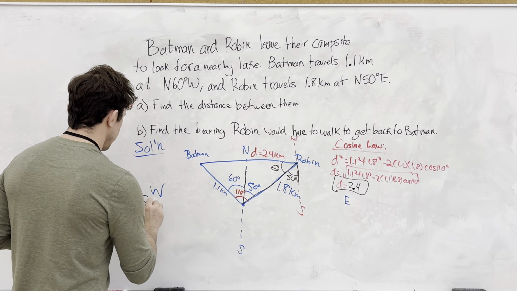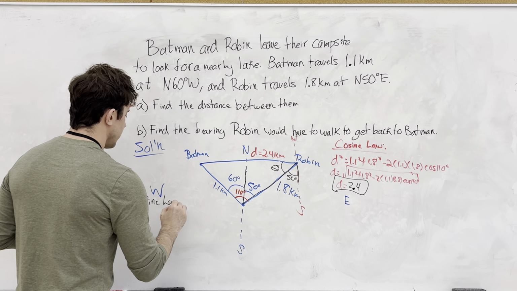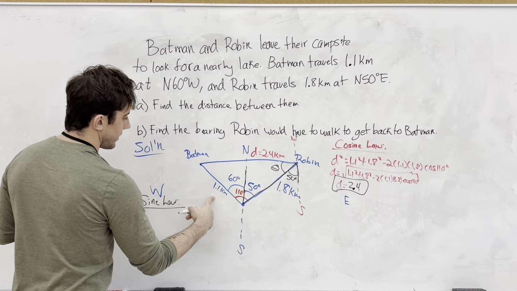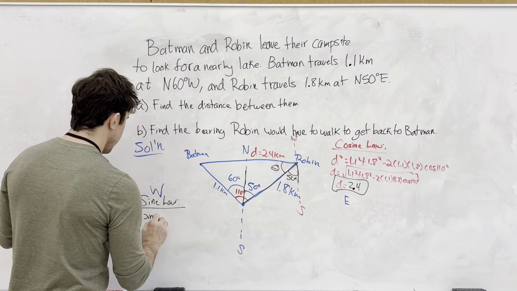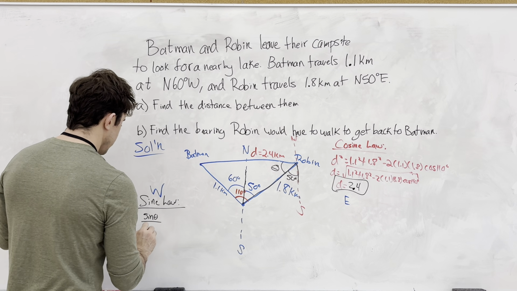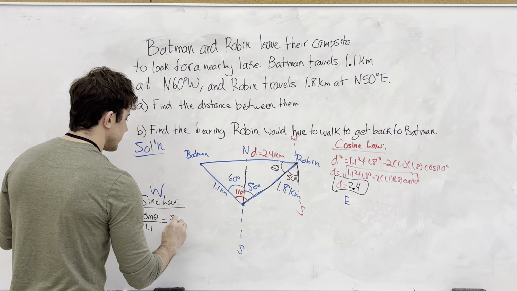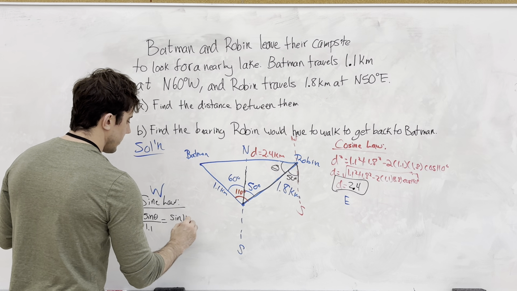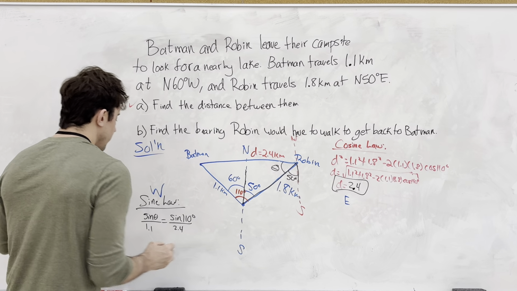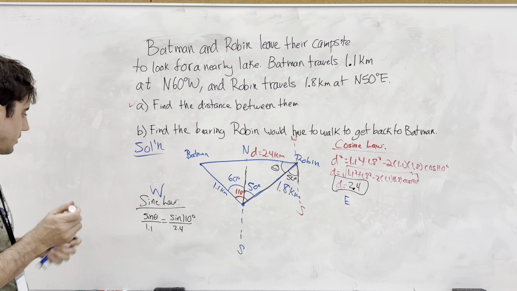Maybe I'll do that here. So now using our sine law, we have sine of theta over 1.1, always going across, is equal to the sine of 110 degrees over the opposite side, which is 2.4. I trust that you guys know how to algebraically solve this.